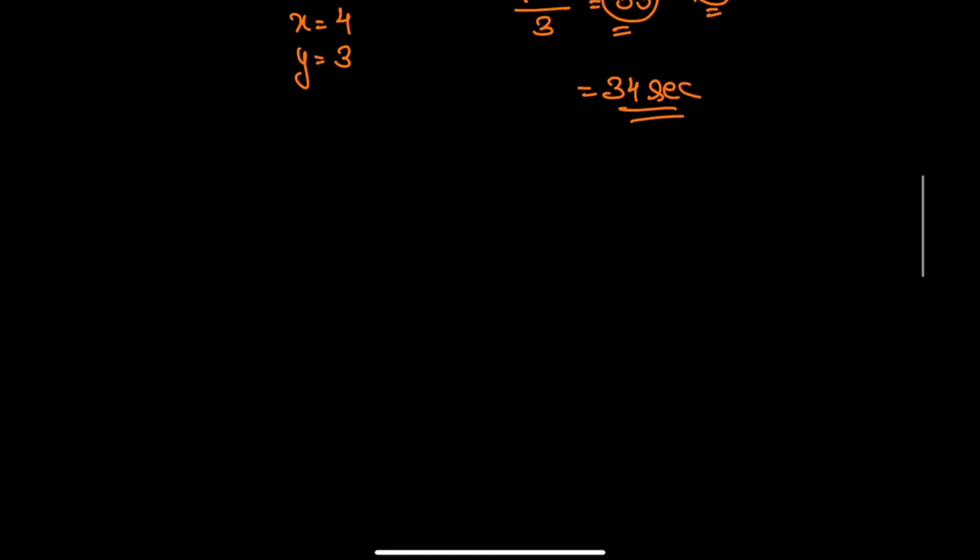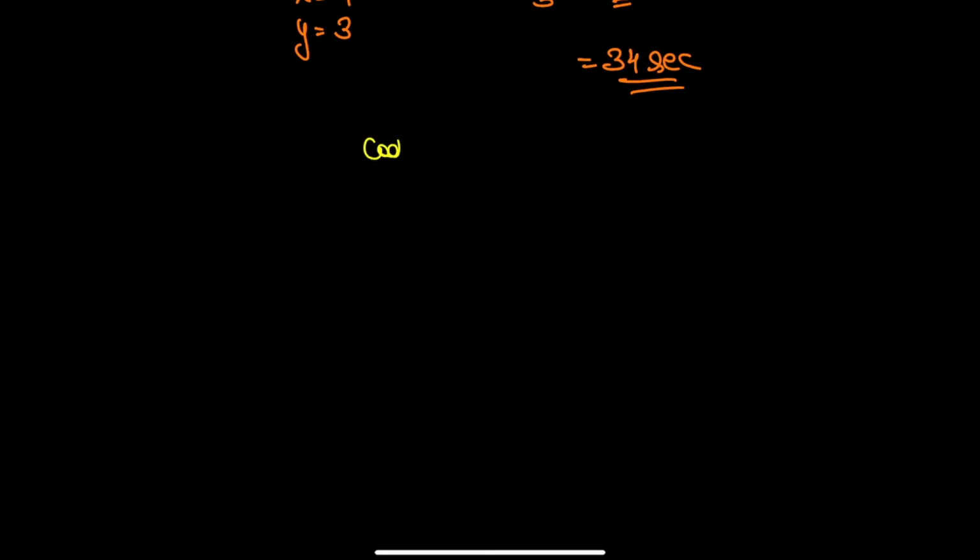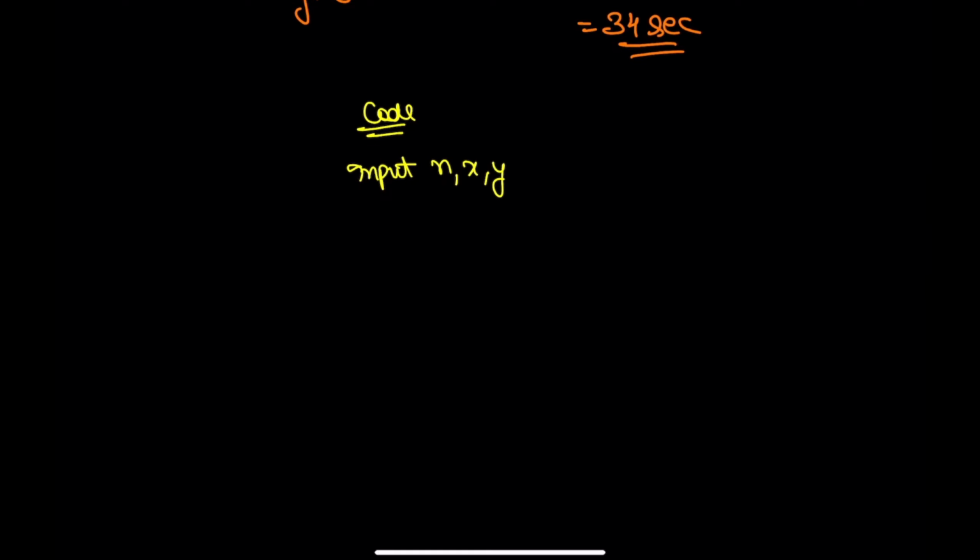I hope you understood the approach. Let's write a little bit of code for this. We will be given an input n, x and y. We would have a per second variable, that would be the minimum of x, y. We would have our answer as n divided by per second.